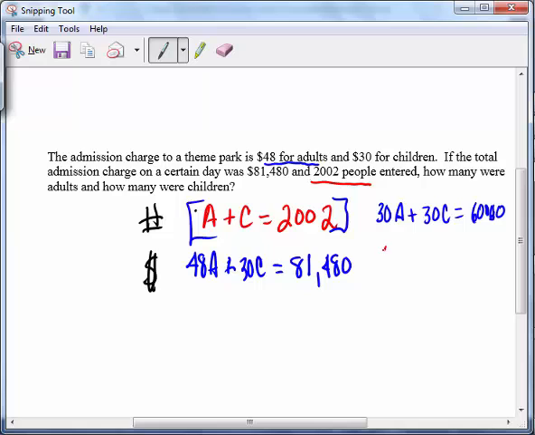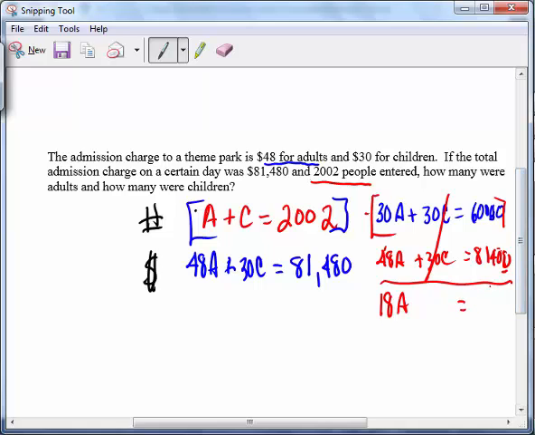I'm going to just rewrite this equation underneath it. 48A plus 30C is 81,480. And then subtract this first one from it. We get 48 minus 30 is 18. 30 minus 30 is nothing.